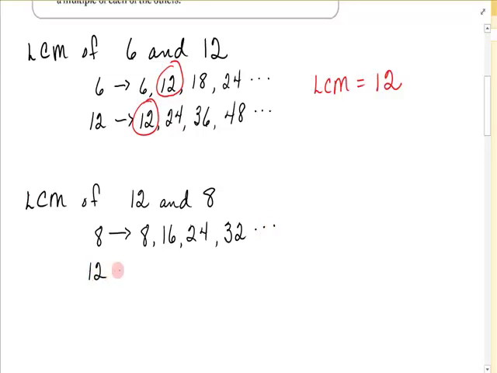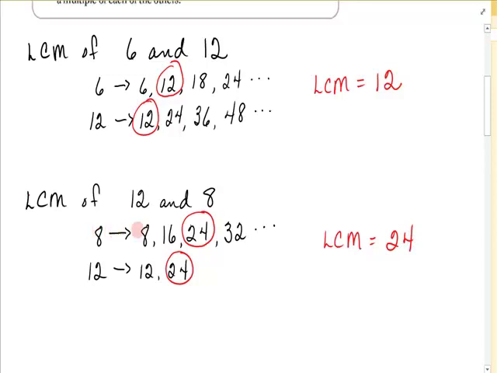Let's look at 12. 12 times 1 is 12, 12 times 2 is 24. I can stop because I have now gotten a common multiple, and it's the least or the smallest or the first common multiple. The least common multiple of these two numbers is 24.